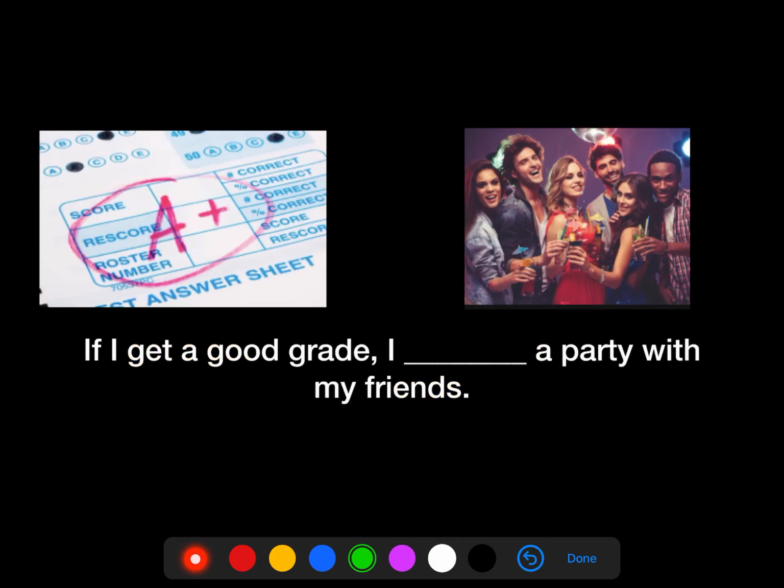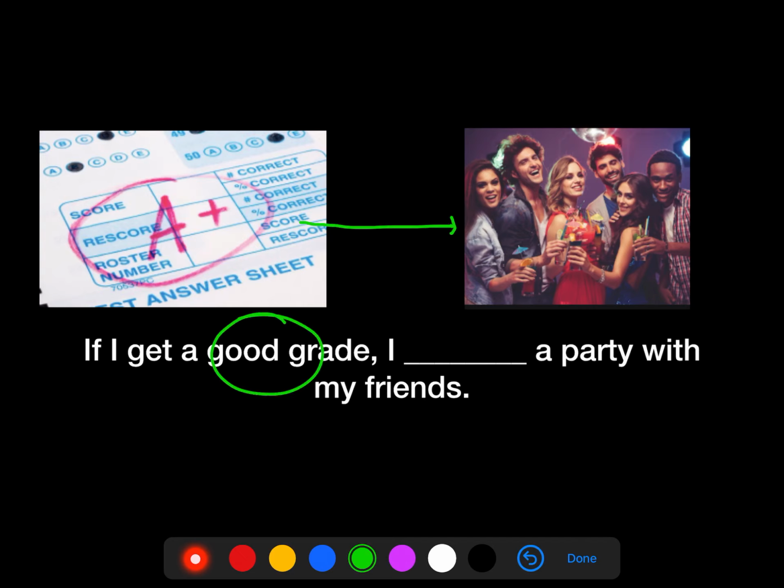Next one. Let's read the example sentence. If I get a good grade, I a party with my friends.